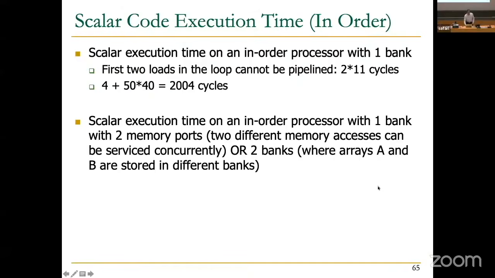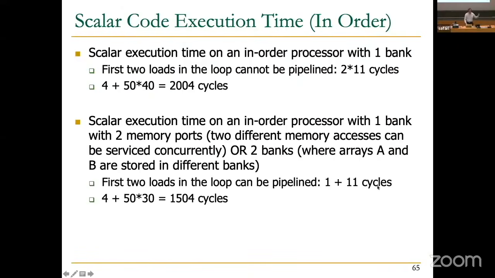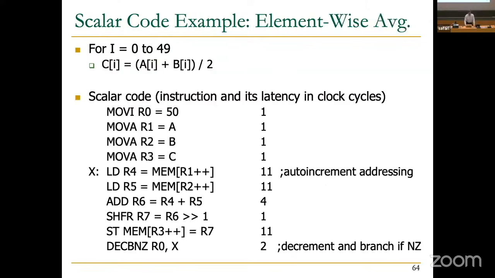So A and B are in different banks, such that you start the first load in the first cycle, and then you pipeline the next load in the next cycle, such that both of the loads together take 12 cycles. One of them takes 11 cycles and the other one takes 1 more cycle after that. But then you cannot parallelize anything else because everything else is dependent afterwards, if you remember this code.